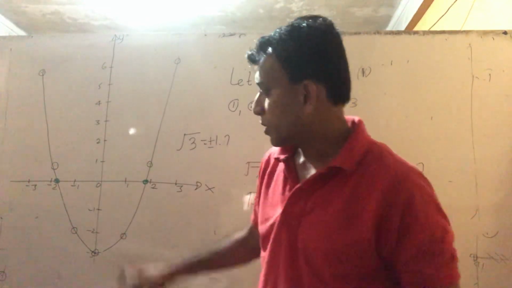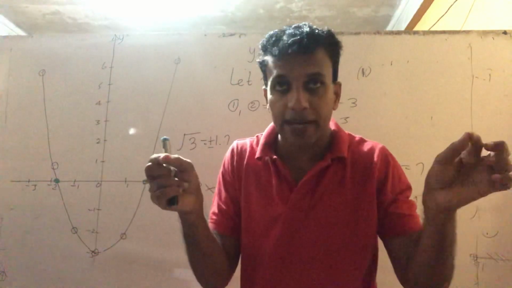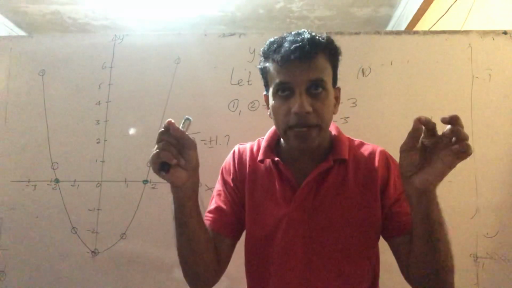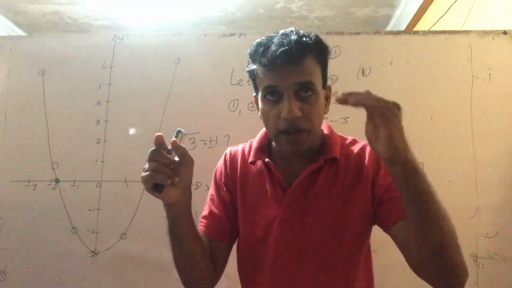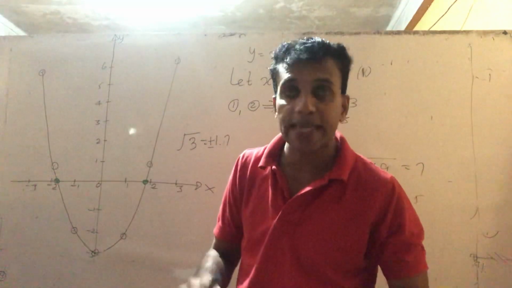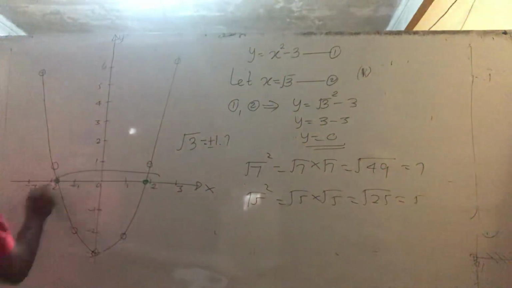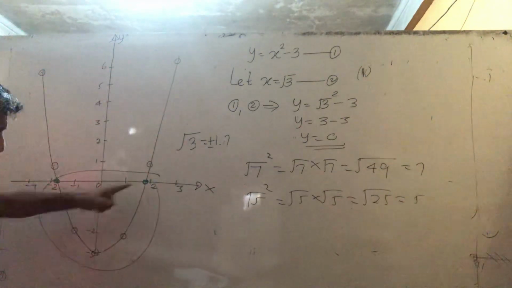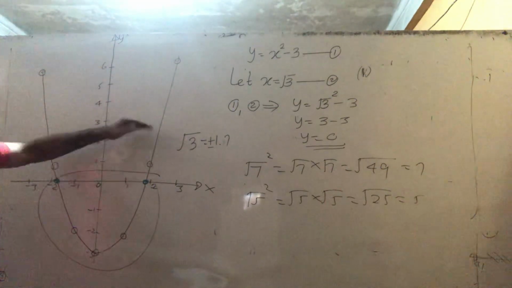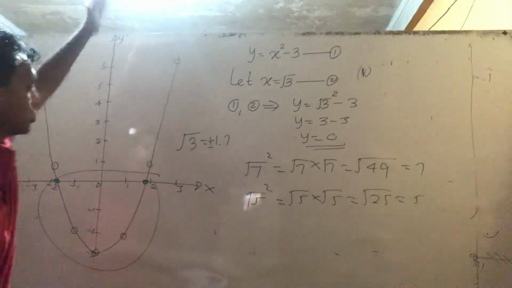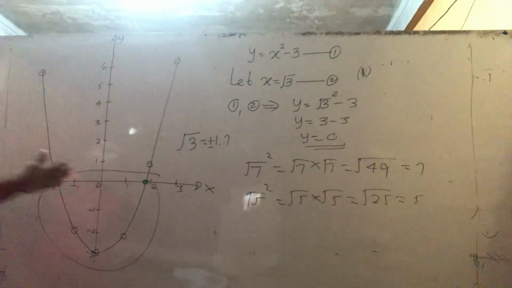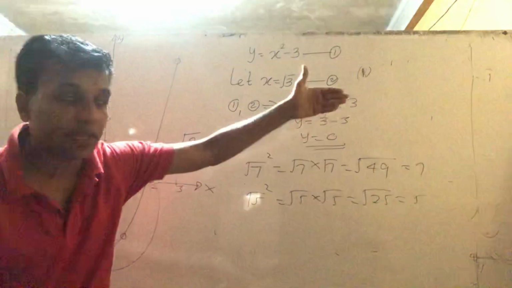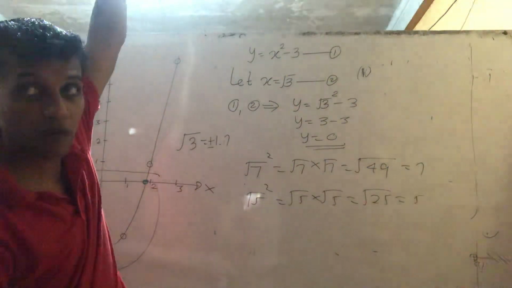Remember that. Therefore, the range of the x coordinate: between what x values is y negative? Between what x values does the graph go below the x-axis? Is it this part? This part. Here the graph is negative. Here y is positive. Graph is positive. If you put 2, 3, 4, 5, 6, 7, anything, the graph goes up a lot, big values.